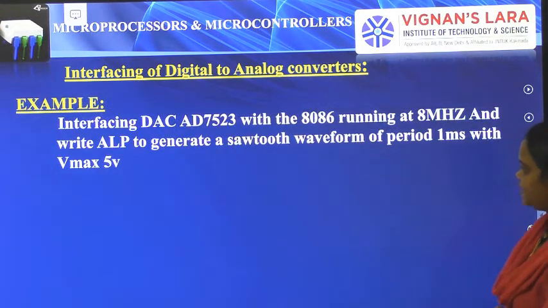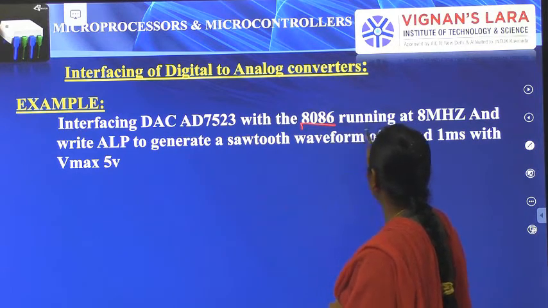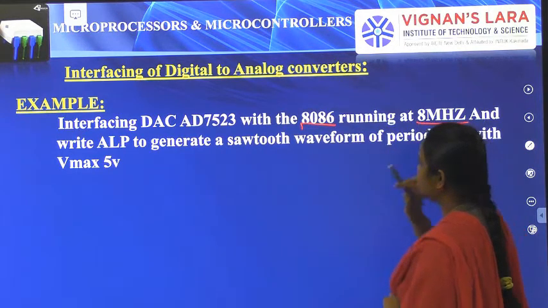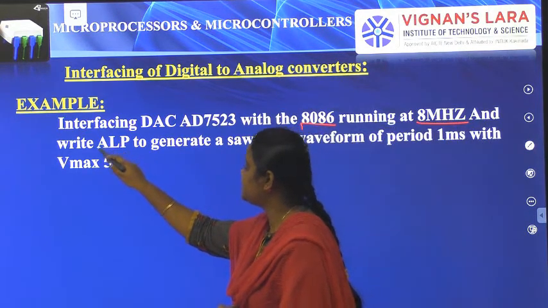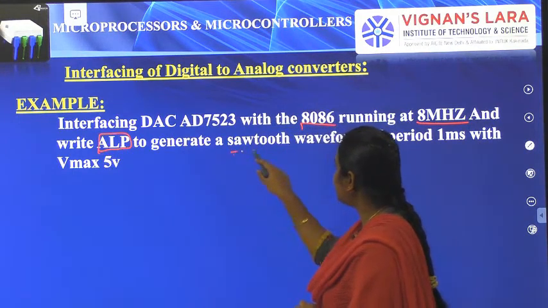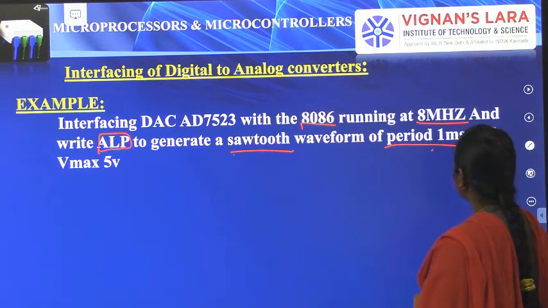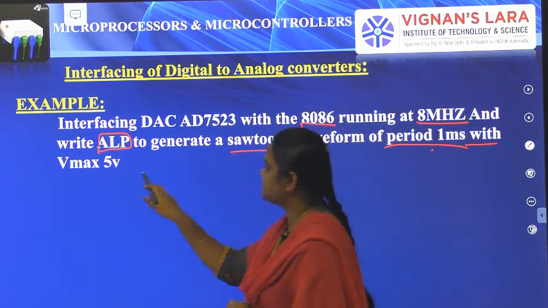Here is one example: interface the DAC AD7523 with the 8086 running at 8 MHz and write an ALP, that means assembly language program, to generate a sawtooth waveform of period 1 millisecond with Vmax of 5 volts.